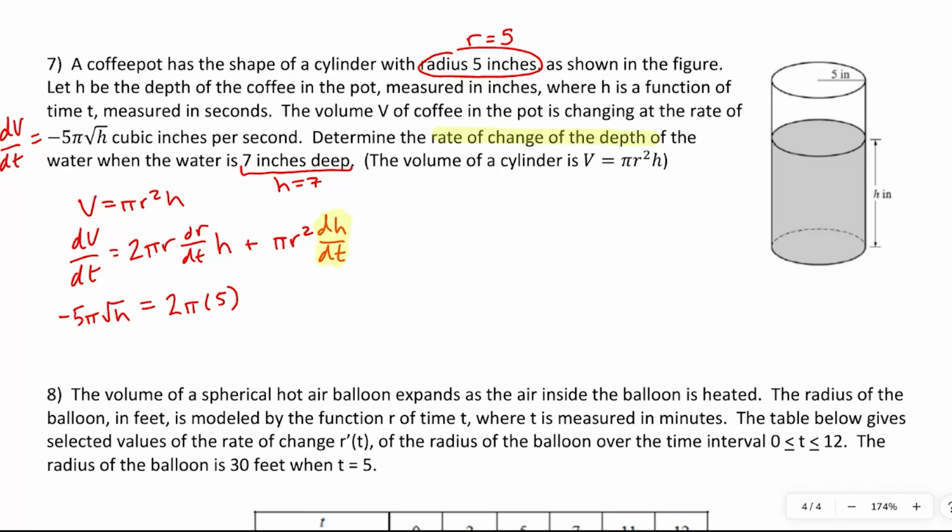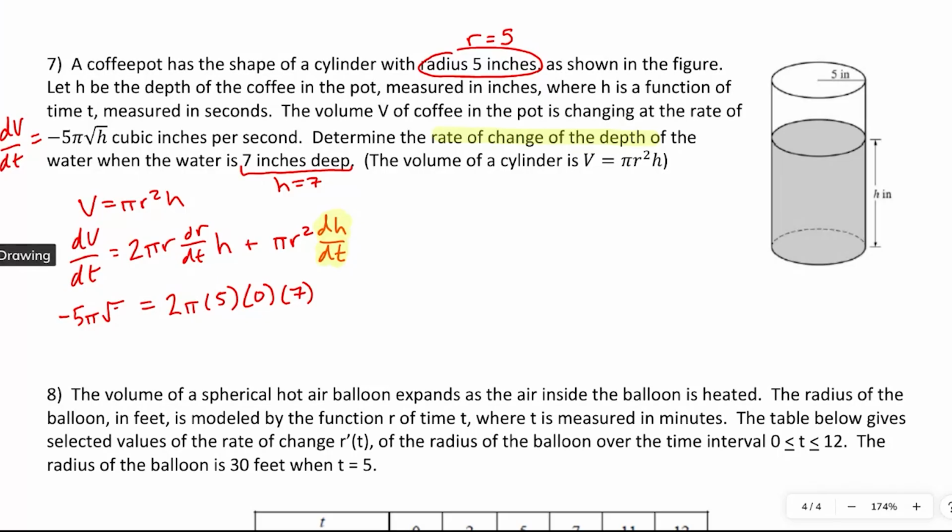Well, the coffee is just going up and down, right? The radius of the cylinder is not changing at all. The cylinder is not growing this way, right? So the rate of change of the radius is 0, times the height, which is 7. Actually, we could go back and throw in 7 in that other h.